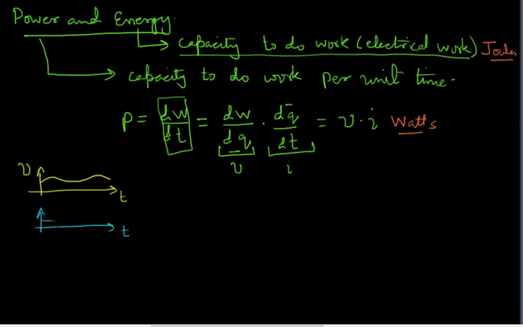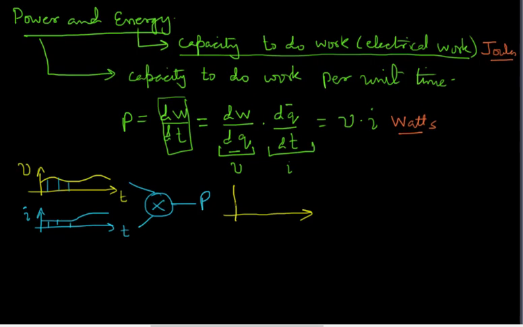So for example, this was the current I. Now these two need to be multiplied one sample at a time in order to get power. So power is going to be the multiplication of these two numbers or these two graphs.